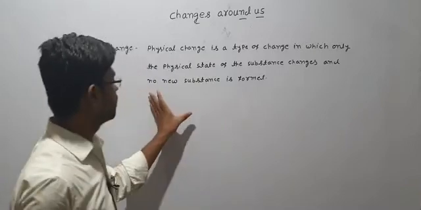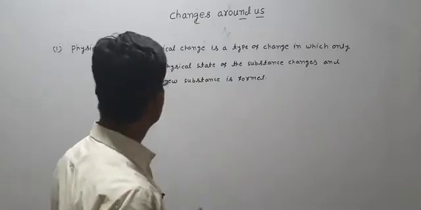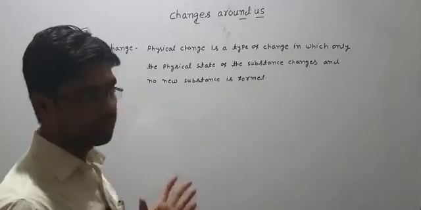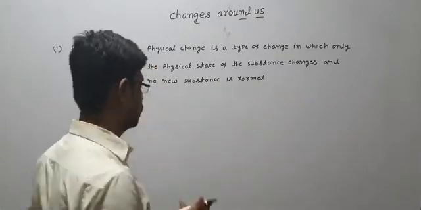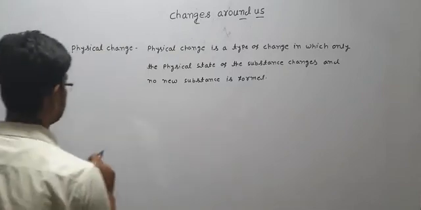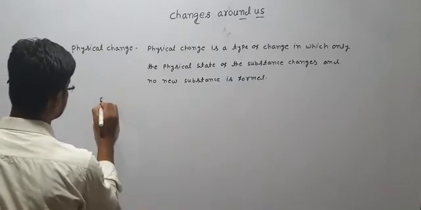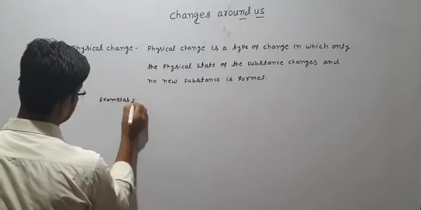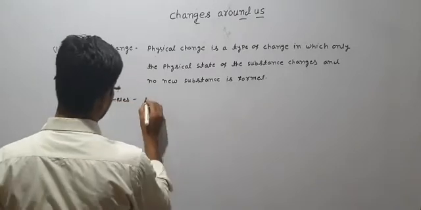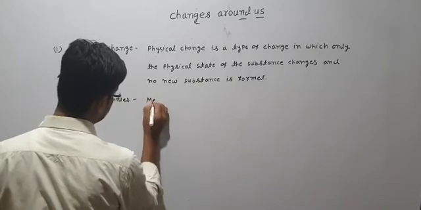You just remember this point. No new substance is formed means in a physical change only physical state will change. New substance is not formed. Through some example you will understand very clearly. Just see some examples. Okay. Melting of ice.